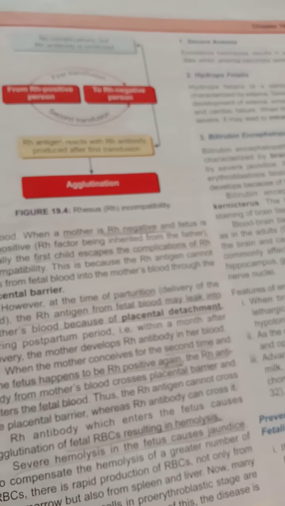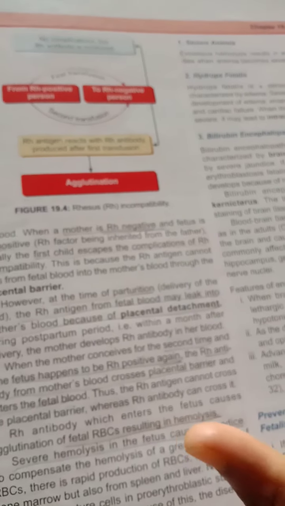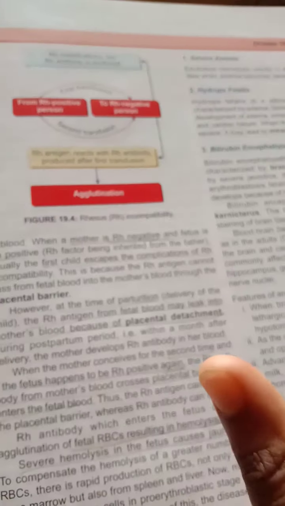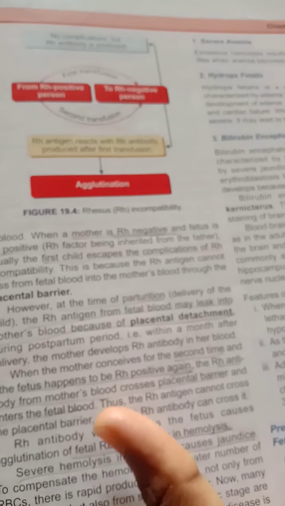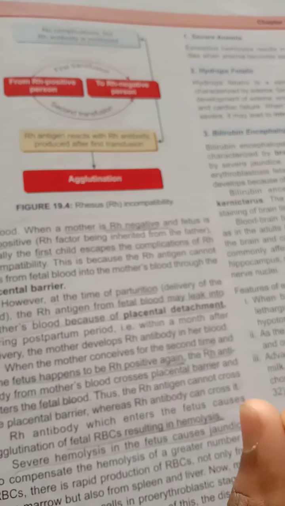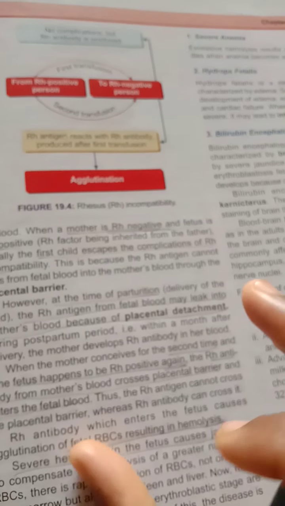Actually, outside the body, if both Rh negative and Rh positive blood get together, there is an agglutination between both the blood groups.